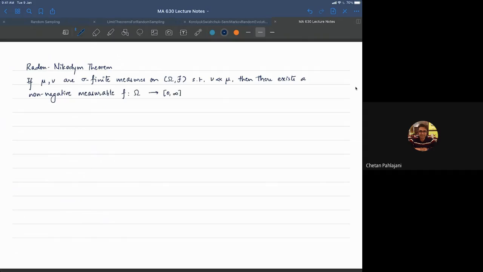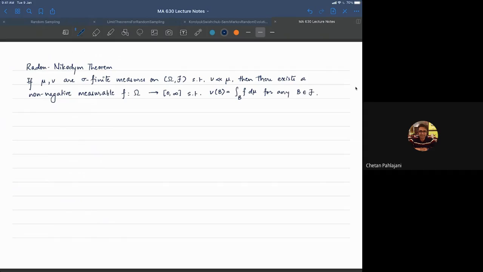Note that infinity has been included here. Such that nu of any set B is the integral over B of f d mu, for any B measurable. All right, so this is basically the answer to the question. Is there such a function f? Well, if nu is absolutely continuous with respect to mu, then yes.